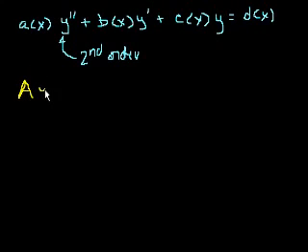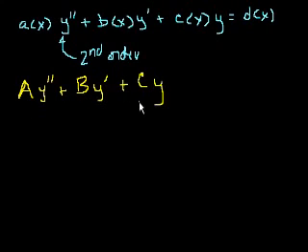A times the second derivative of y with respect to x plus b times the first derivative plus c times y. And instead of having a d of x, I'm just going to set that equal to 0.